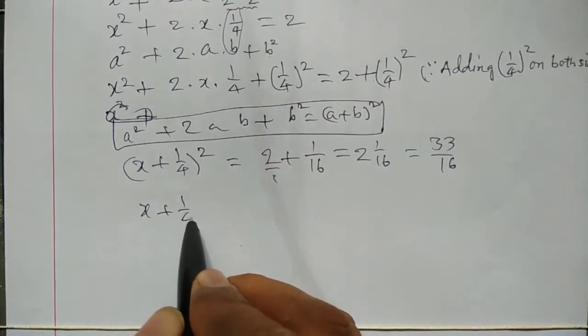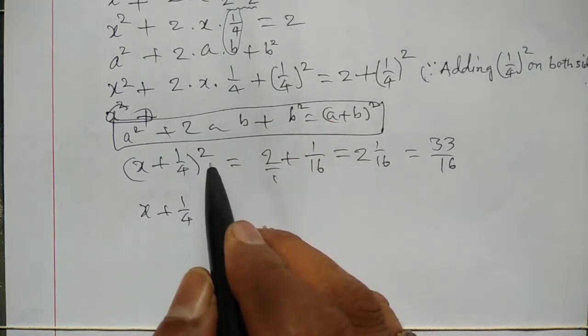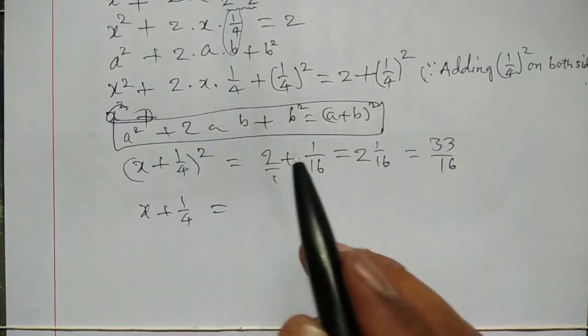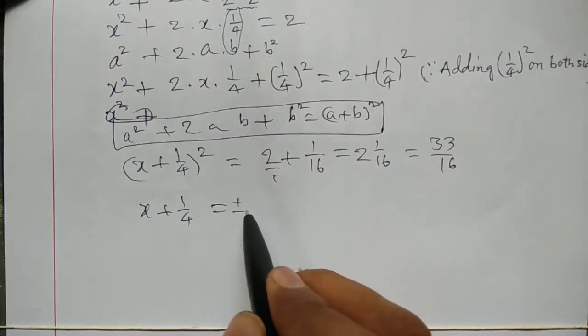x + 1/4 whole squared equals 33/16. While transposing from LHS to RHS, the square becomes square root, plus or minus.